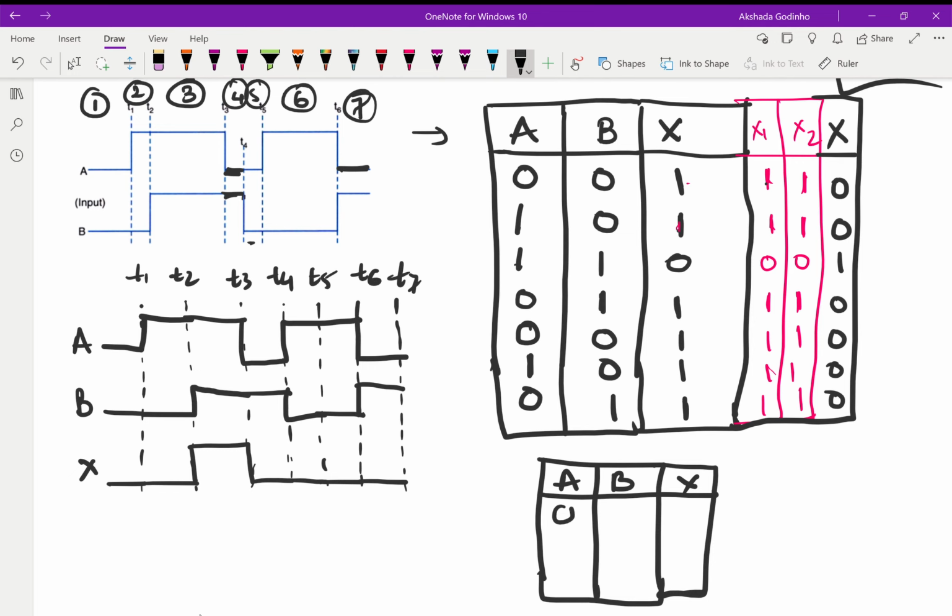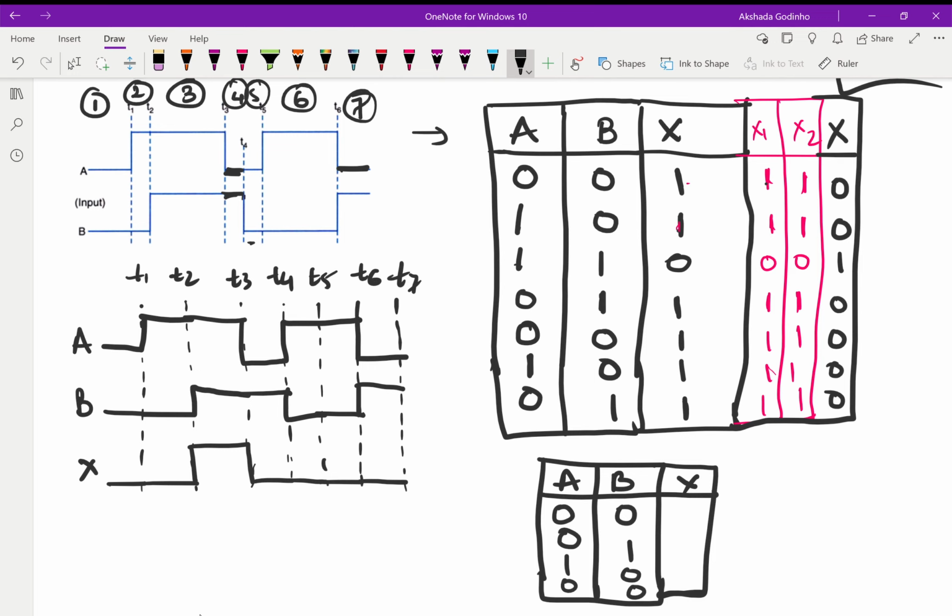What you will do, you will write 0, 0, 0, 1, 1, 0, 0, 0. Please write down.